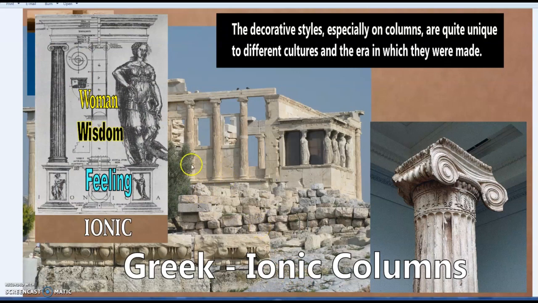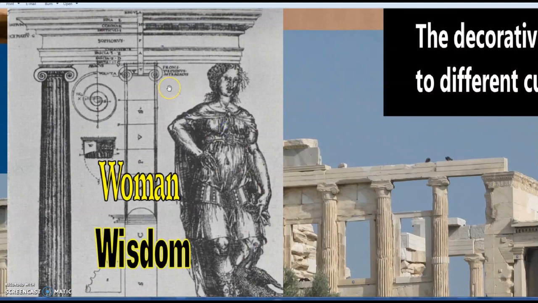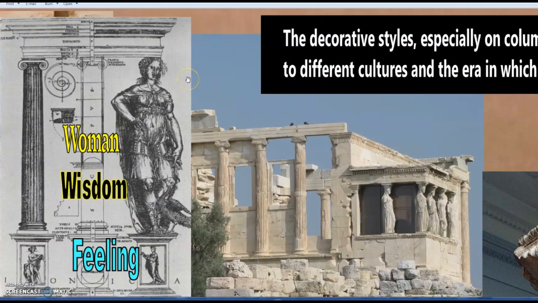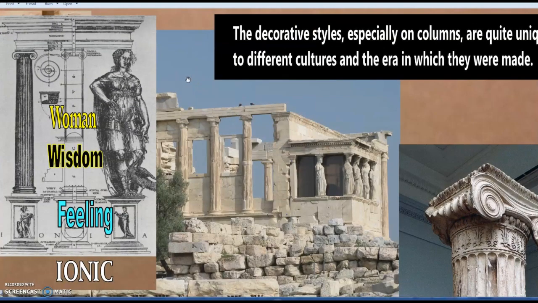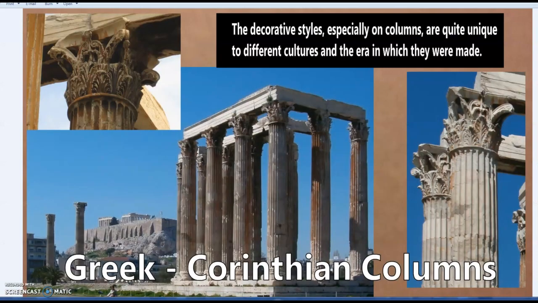Where the Doric represented the male, the Ionic represents the woman, also known as the column of wisdom, and is related to feeling or the sense of touch. Now, according to Vitruvius and these early writers, the simple swirls of the Ionic represent the simple hairstyle of a mature woman, not a virgin or a maiden, but a woman.